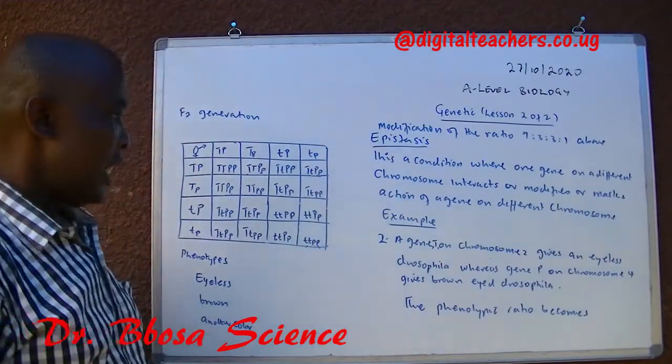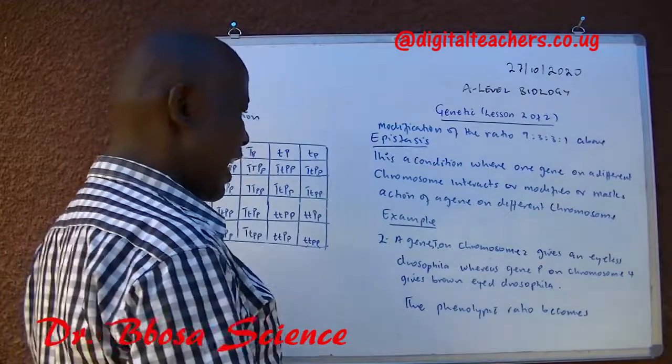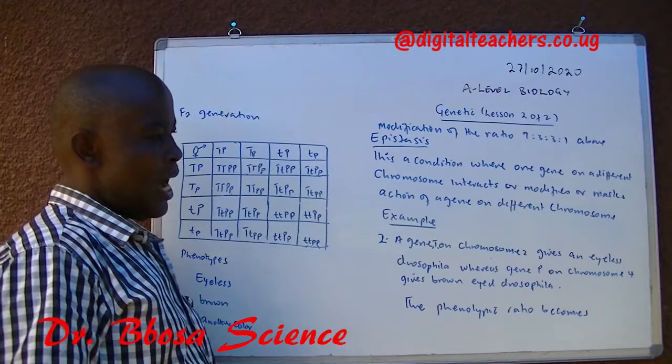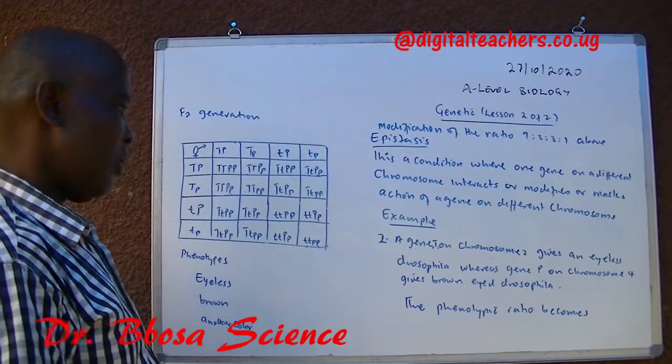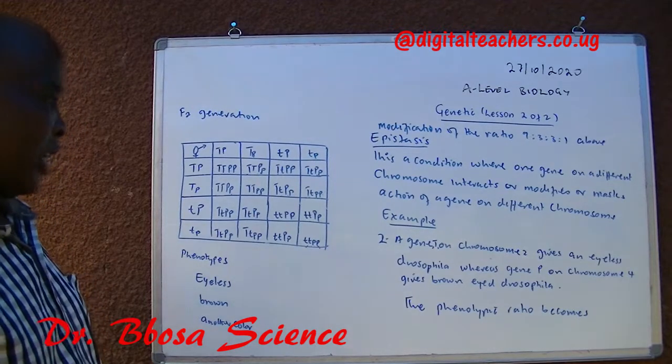Example 2: a gene T on chromosome 2 gives an iris Drosophila, whereas a gene P on chromosome 4 gives a brown-eyed Drosophila.